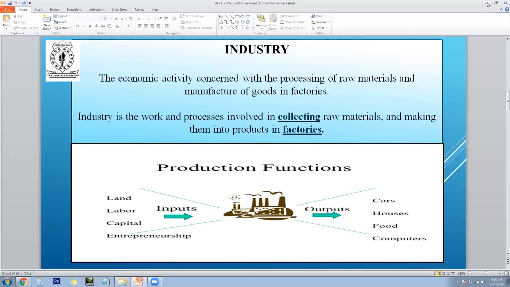There are some inputs and some outputs. What is included in the inputs? The land, labor, capital, and entrepreneurship. And what are the outputs? Cars, houses, food, computers. These are a few, and of course you are all aware of it. There are many more outputs of the different factories or industries.